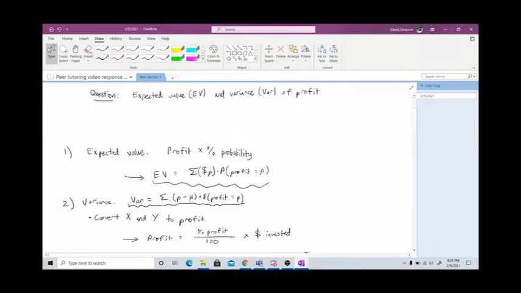And then it's the probability of whatever's inside the parentheses here. It's the probability of the amount of profit being equal to that value p. And for each different p that we have that has a certain probability, we're going to multiply that amount of profit by the probability, and then we're going to take all of those and add them together. And that's why we have a sum.